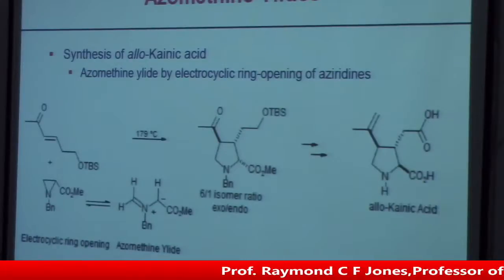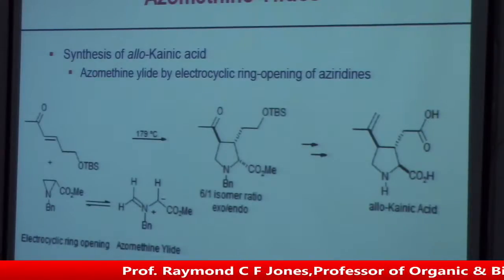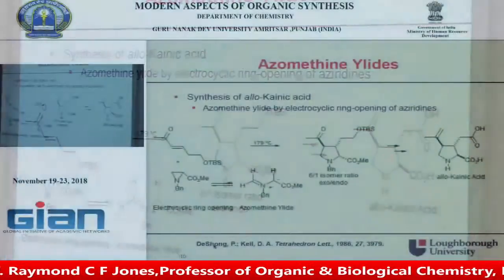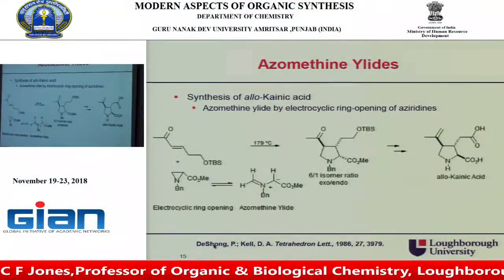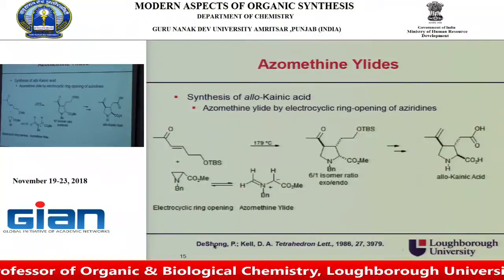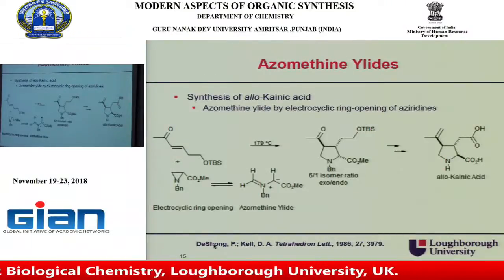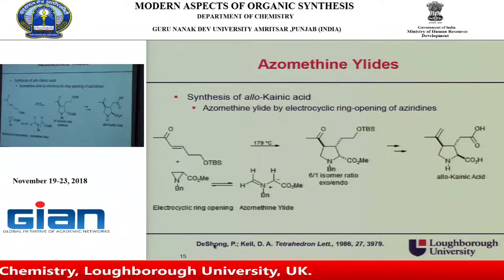So here's an example of that, to make this molecule here, which is one of a family of neurotransmitter molecules, the kainic acid family. This is allokainic acid, which is a diastereomer of kainic acid itself, but is a natural product and a neurotransmitter.